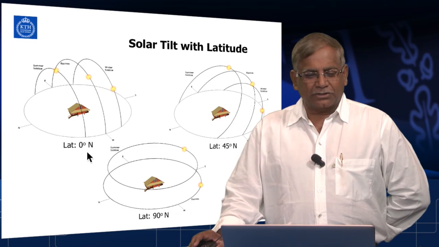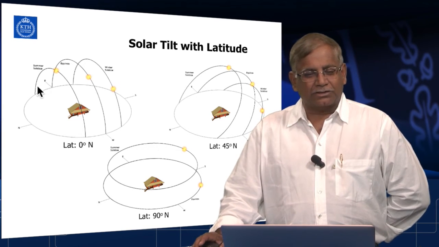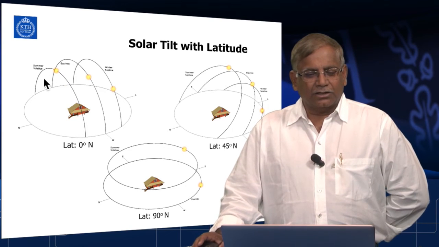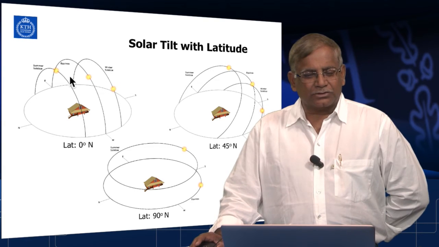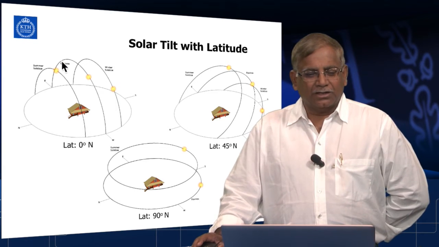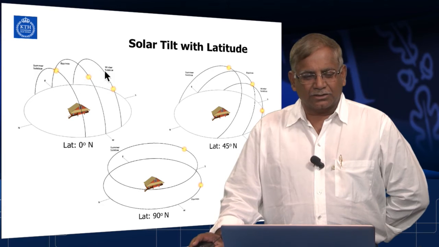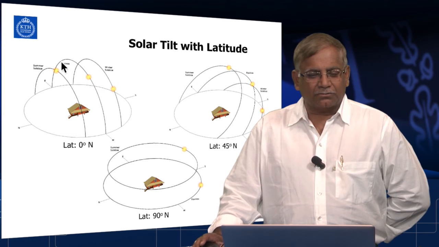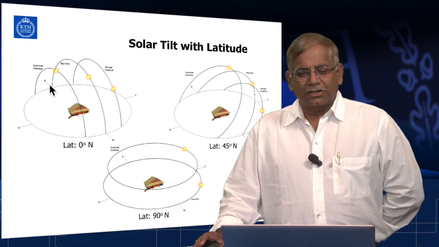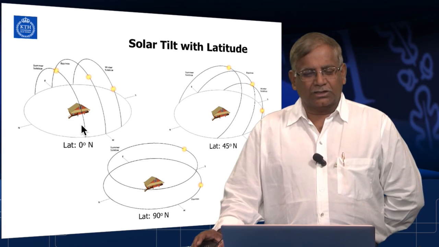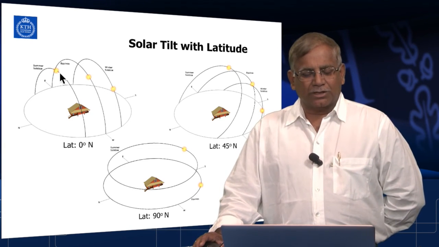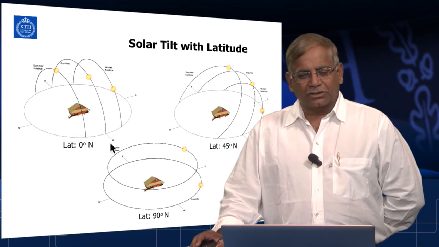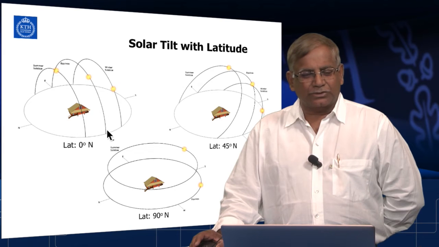When the latitude is 0 degrees north, very close to the equator, the sun follows this path in the summer, goes around this one in the winter, and follows this path in the equinox. So close to the equator, the sun is pretty much on top of your head most of the time, and it moves from east to west.